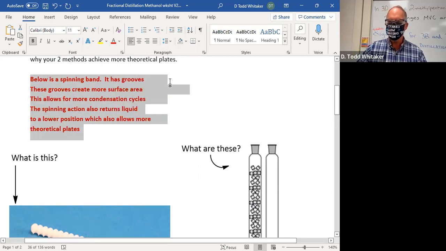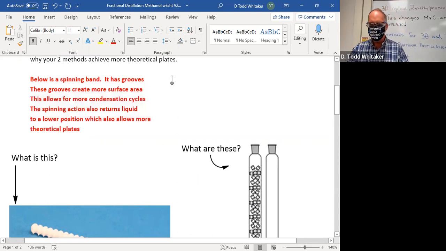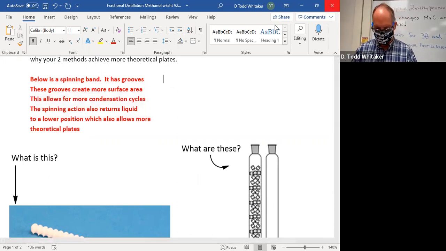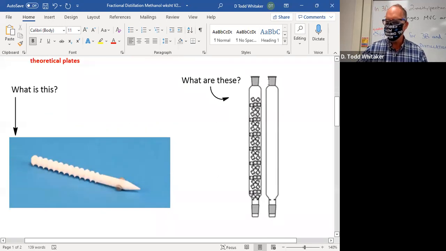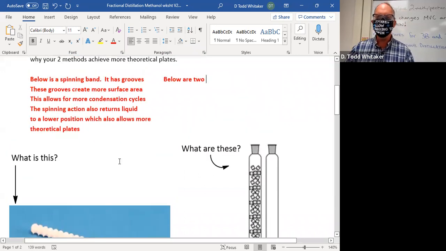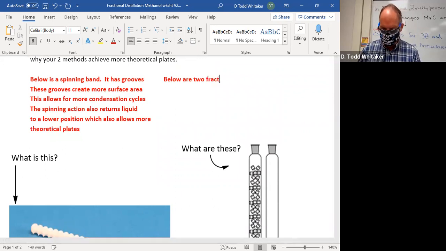Okay, what about below? Below are two tall pieces of glass, both of them. We call those fractionating columns. Below are two fractionating columns.